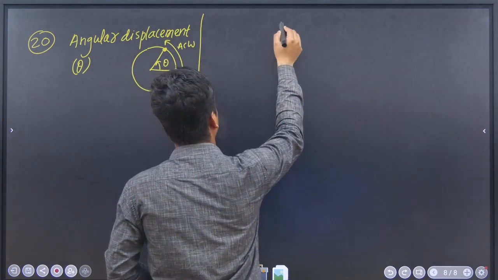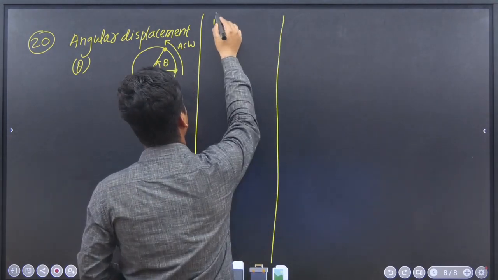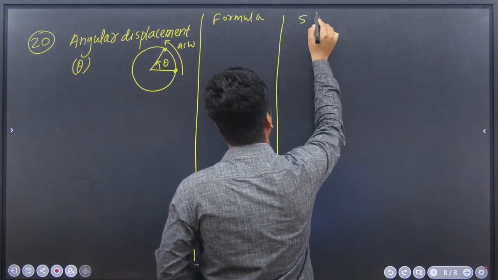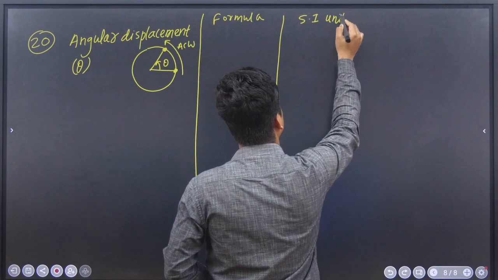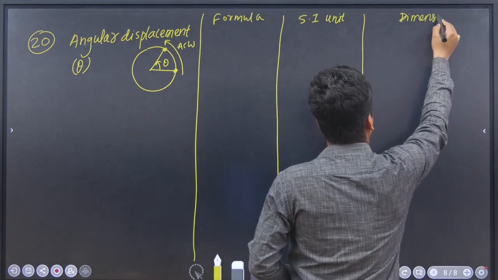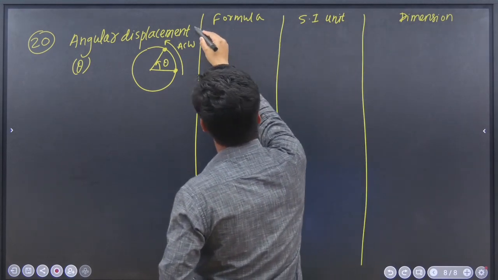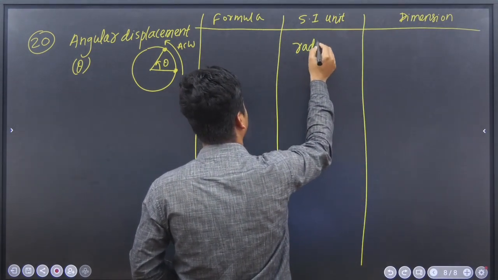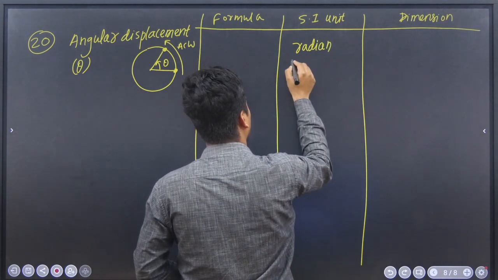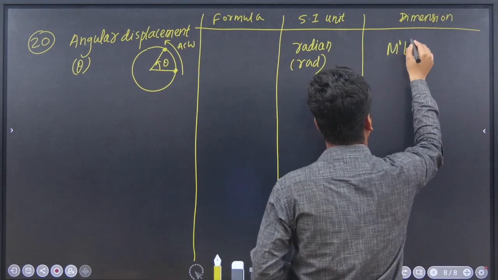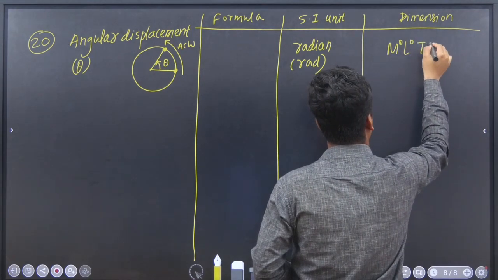Here we can write the formula, the SI unit, and the dimension. The formula we do not need to write here. The SI unit will be radian. Already in plane angle we checked it is radian, with symbol RAD. The dimension will be M0 L0 T0.